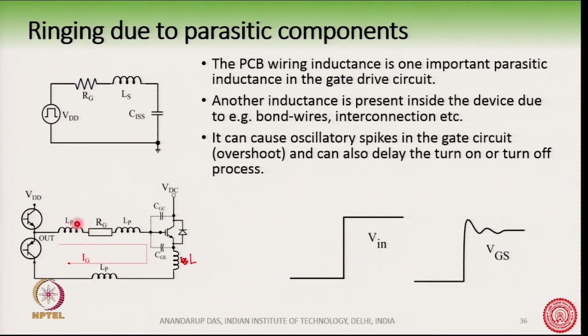So, this will follow a second order system response. And so, what will happen is that if this is an underdamped system, then this gate emitter voltage, we would ideally want to have a gate emitter voltage like this, but because of the RLC circuit, the gate emitter voltage will be oscillating like this here. So, this one should be VGE.